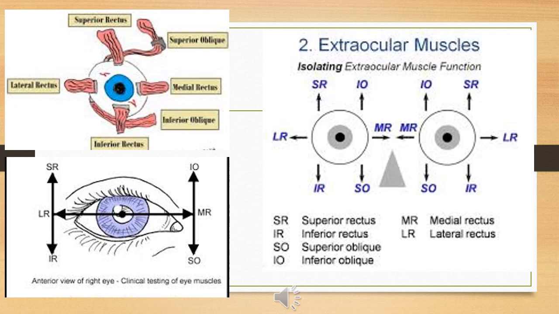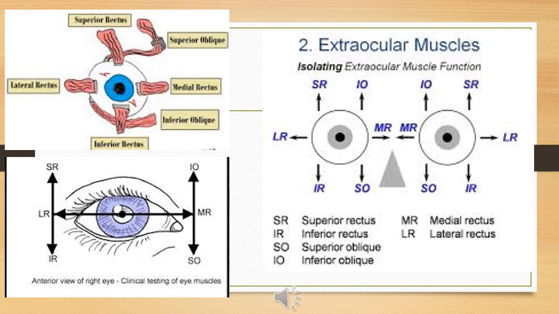So now, how to examine the extraocular muscles. As you can see, if you understand the function of the muscle, you can easily understand how to examine it. For example, position your finger superiorly in front of the patient and ask the patient to look upward.